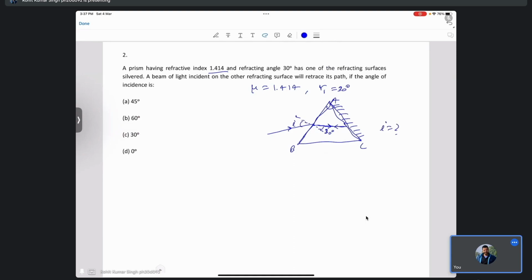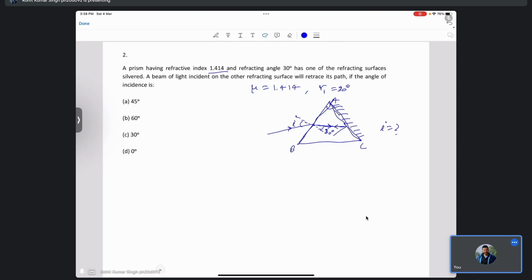So how do we calculate it? It's also an easy problem. The only thing is, this retrace of path only happens if the beam of light, after bending, falls on this surface perpendicularly, right? Because if it falls like this, like I'm showing, it will be reflected like this.